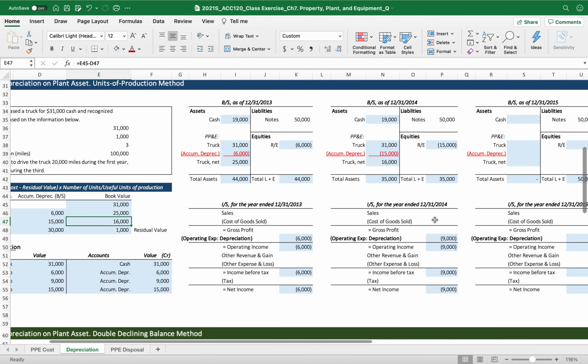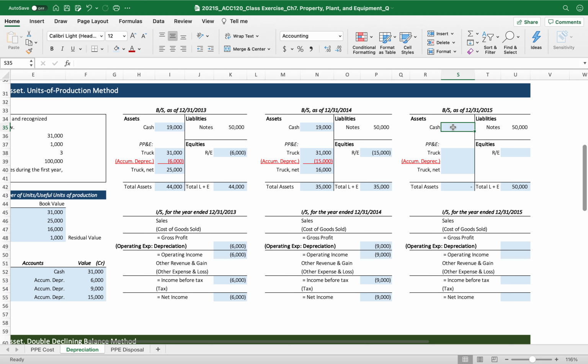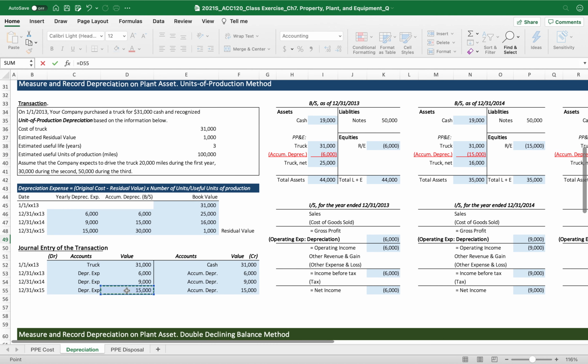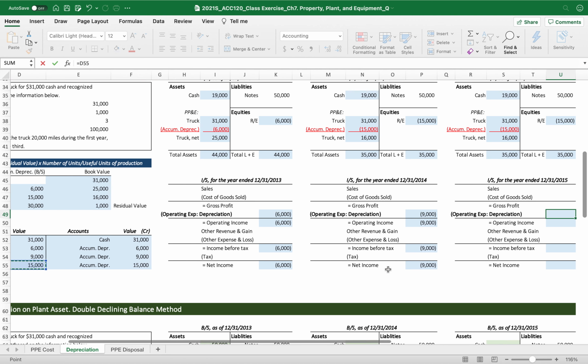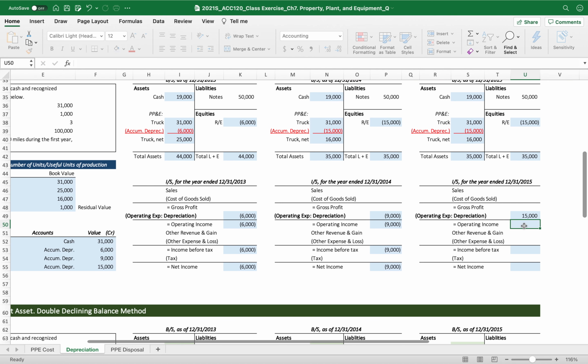Now for the last year, the balance sheet and income statement also should start with the ending balance of the last year as the beginning balance of the current year, always the starting point. Now let's put the depreciation expense of the last year. We are using this asset 50% based on the usage, right? Oh, it should be negative.